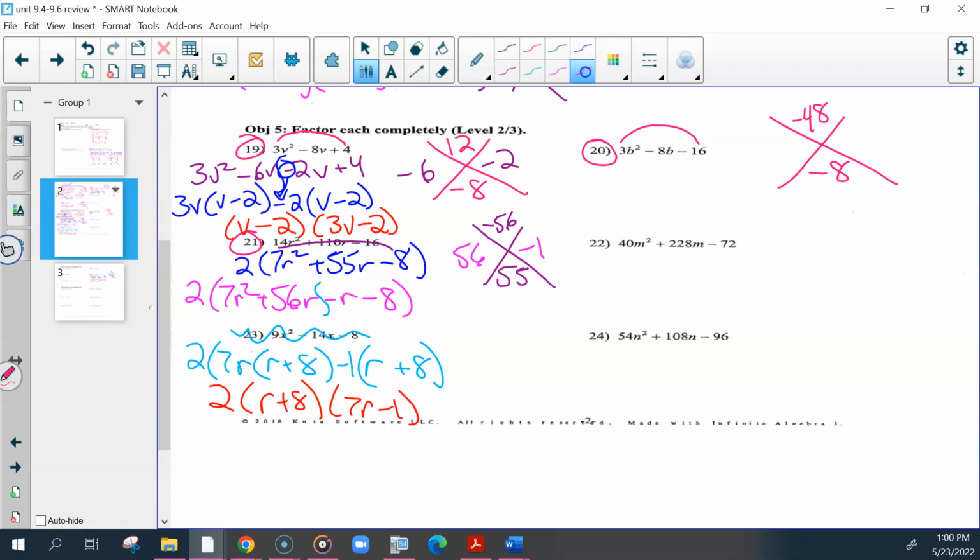Think about your factors of 48. 6 and 8 are factors of 48, but if I added them together, it would not give me 8. 12 and 4, which one would be negative?